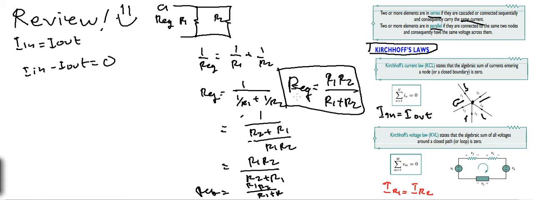Kirchhoff's voltage law states that the algebraic sum of the voltage around a closed loop, yung loop nga, we have here yung loop natin. Yung closed loop, defined kanina, is the summation of voltages around that loop is equal to 0.